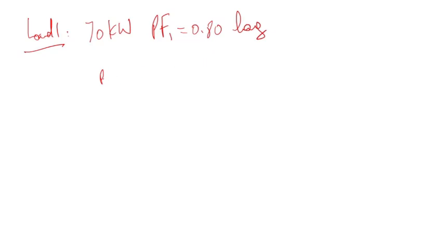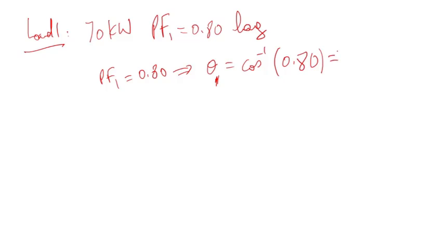So power factor 1 equals 0.8. That means the angle theta 1 is the inverse cosine of the power factor, which is 36.87 degrees. And notice it's positive because it's lagging.